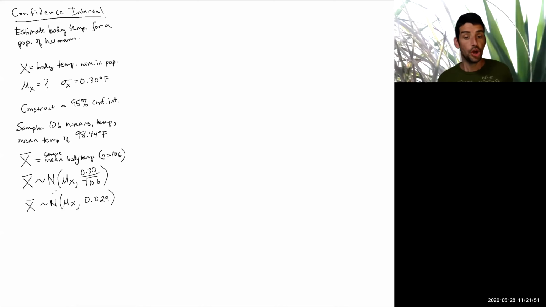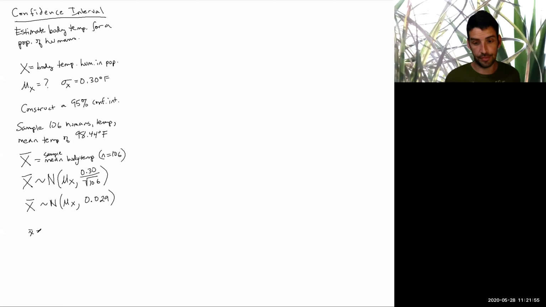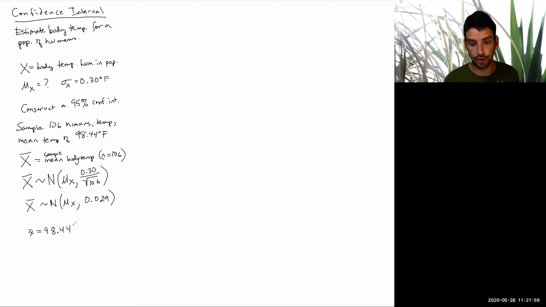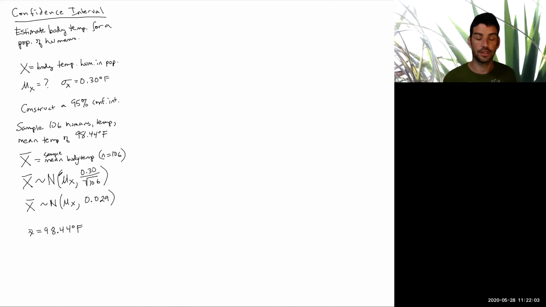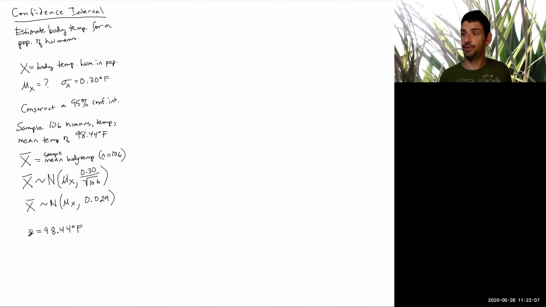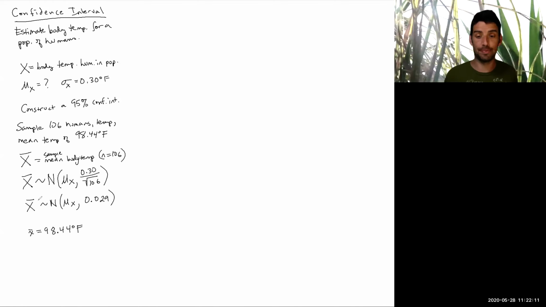Okay, so we went out and sampled 106 humans, and we found that their mean temperature was 98.44 degrees Fahrenheit. Okay, so this little x bar, remember, is a single data point in the distribution capital X bar.